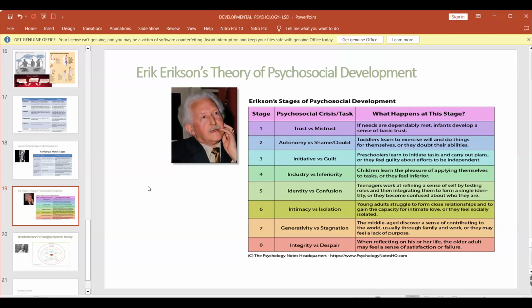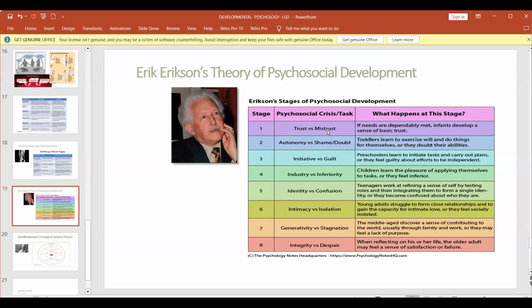You can see stage 1 to 8. And he names his stages by using 2 terms. First one is the social need. Second one is the outcome if not gratified, fulfilled. If the social need is not met, what kind of adult personality will be developed?